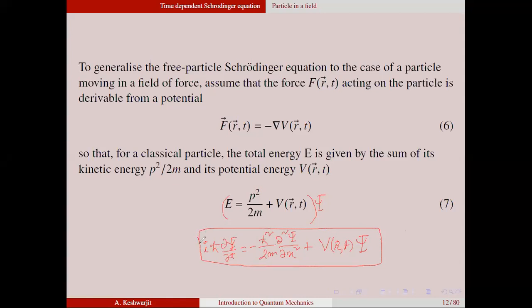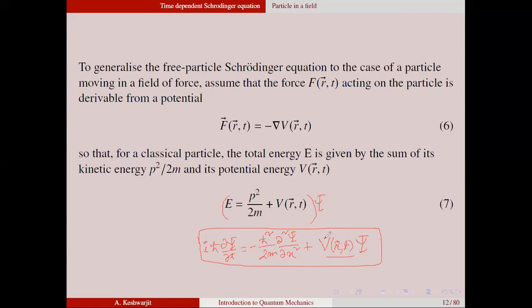The external force gives a potential energy, and that potential energy will also change from one point in space to another. It can depend upon position as well as time. But for simplicity, in this course, we are going to study only those cases where the potential energy changes only with space and does not depend upon time.